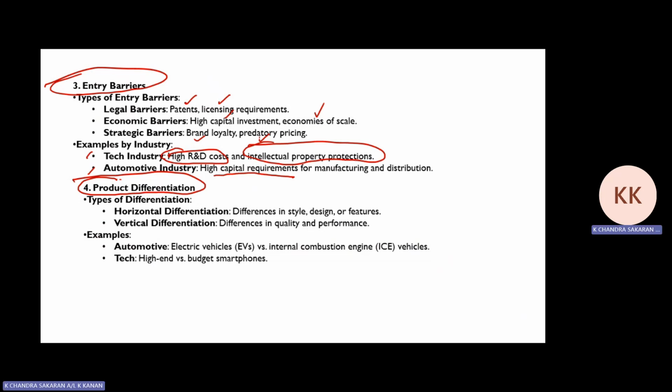So find out about that. For example, automotive industry, electric car versus petrol car. High-tech industry, high-end versus budget smartphone. Phones like the iPhone, very expensive, but there are also cheaper phones.